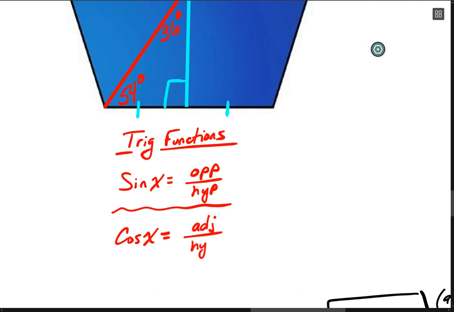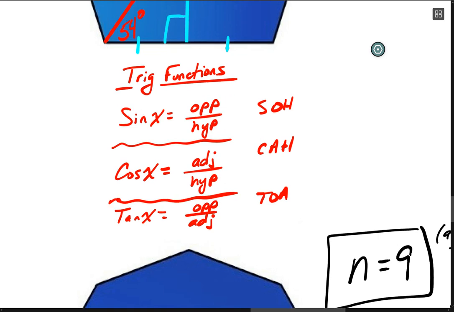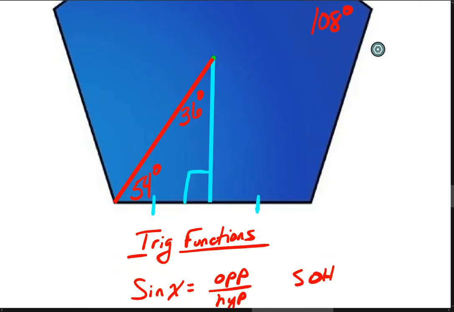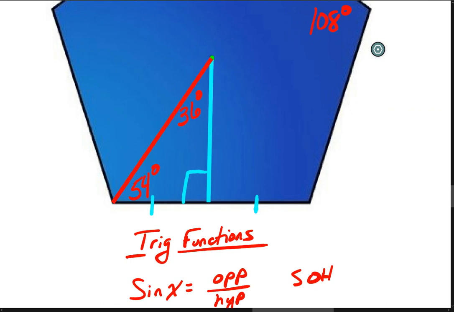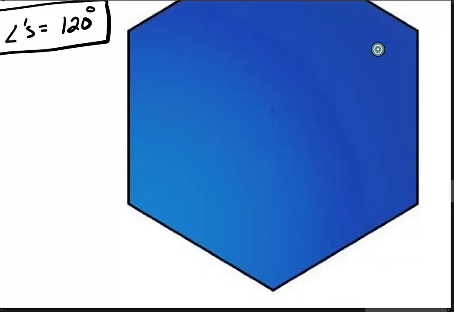Adjacent over what? Tangent of x is equal to what? Opposite over what? SOHCAHTOA. So no special right triangles there, but because it makes a right triangle and we know the angles, we can use trig functions probably, can't we? So it's all going to change by what type of regular polygon you're dealing with, isn't it?